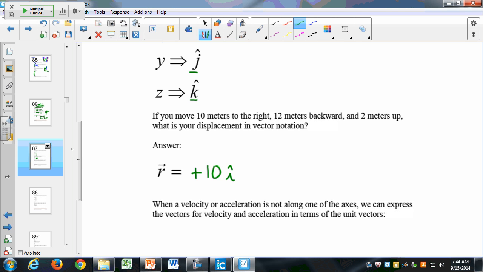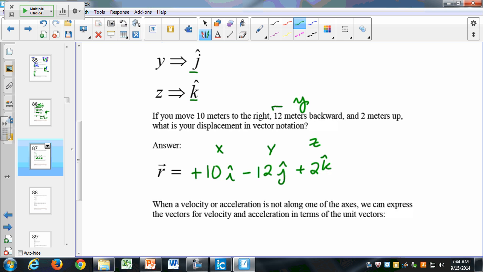What is that? Okay, well actually this 12 meters backward, well it sort of depends. Yeah, we'll call this the y direction. Minus 12j plus 2 what? k. All right, so this is our x, our y, and our z.